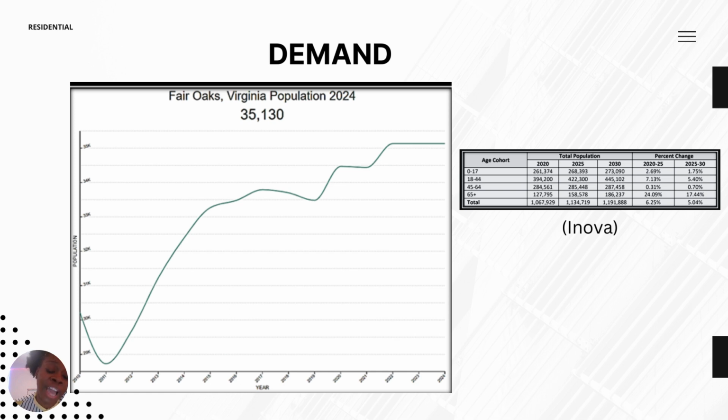You can see how this graph starts off drastically declining for years in 2010, but in 2012, 13, 14, 15, it bounces back and increases, and then the population dips again, then increases, dips again, then increases, then is stagnant, then increases.